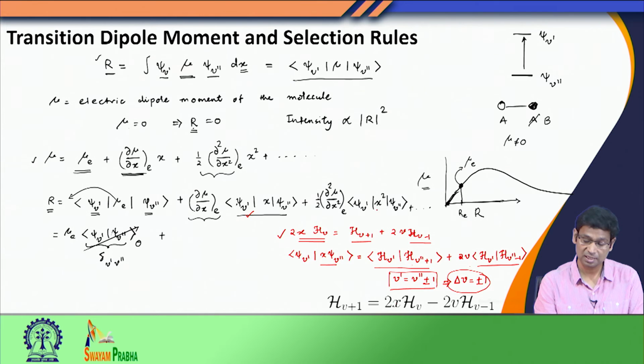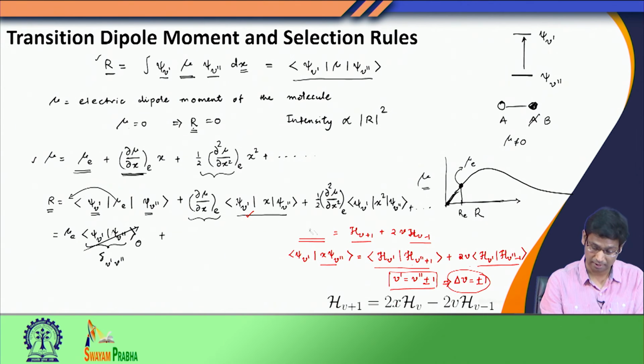Now, if I consider the second term, which is coupled by the x square operator, you can use this expression twice, and then you would see that delta v equals plus or minus 2 will survive, and for all other delta v values this integral will become 0.